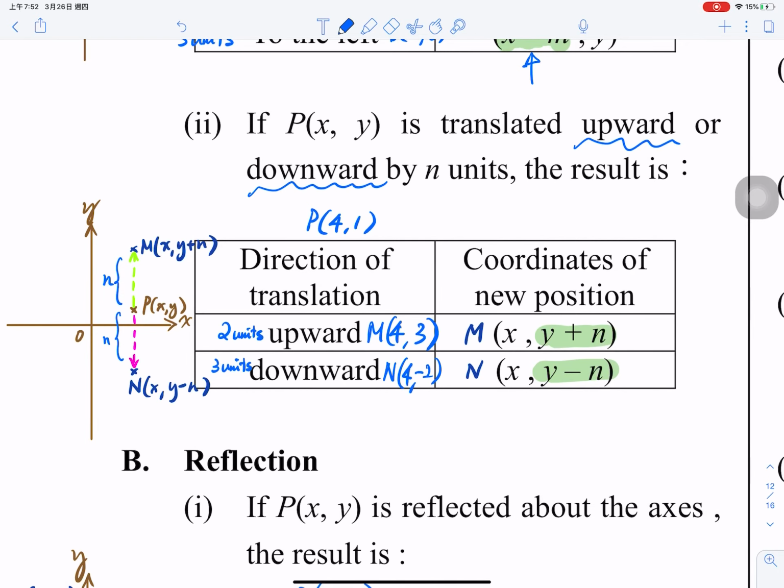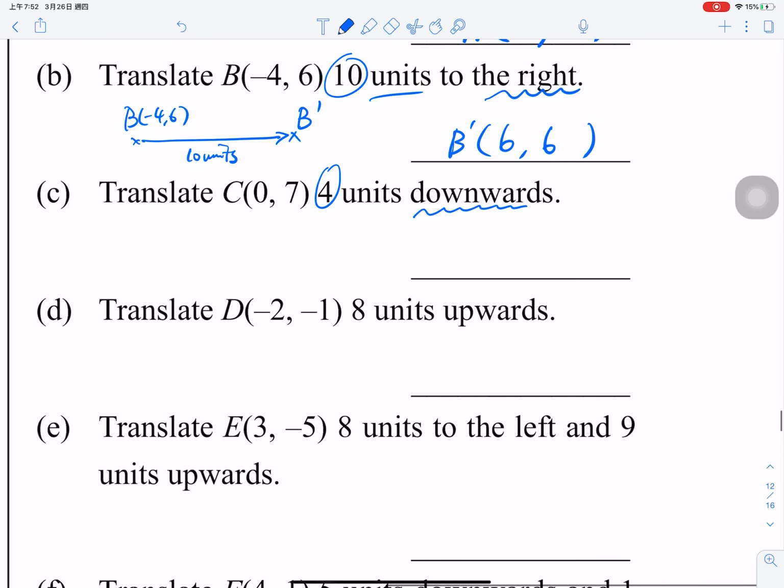Okay? Let's see. Part C. Translate point C 4 units downward. So here is point C (0, 7), and then 4 units downward. C prime. So C prime equals (0, 3). Correct. Very good.